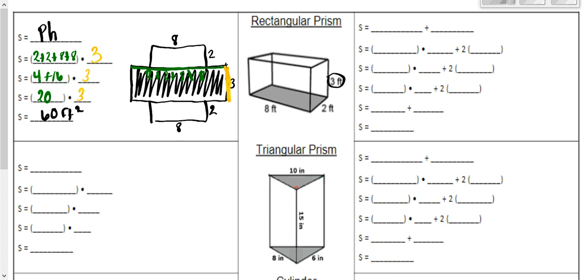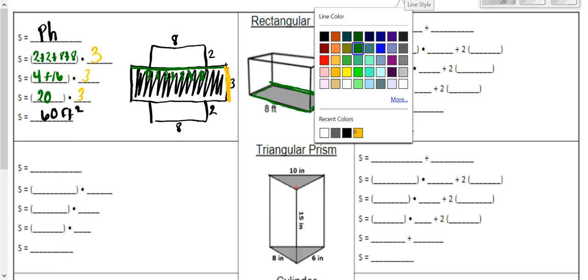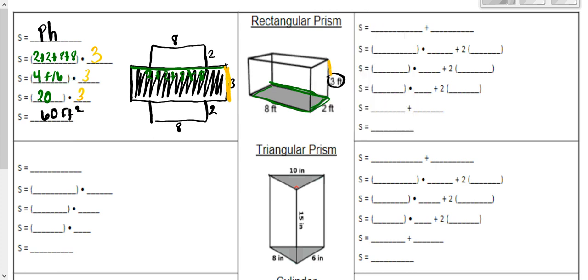Okay, so far what we have found is the perimeter of my base, and we've multiplied it by my height. But I need to find the total surface area, so now I need to add on 2 pieces.